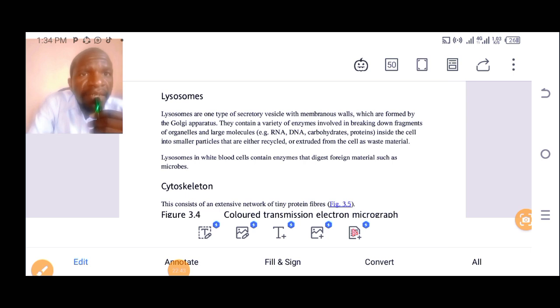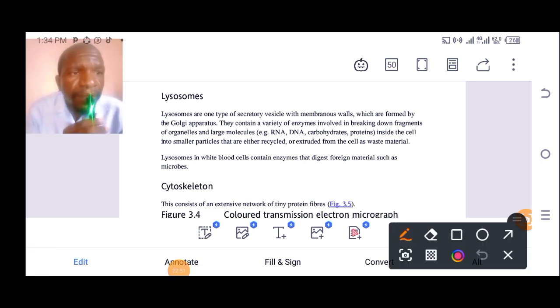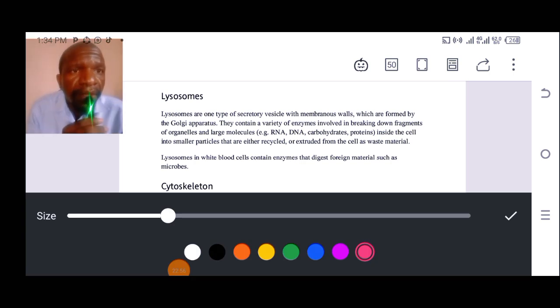So what did we learn about lysosomes? Here is your function.